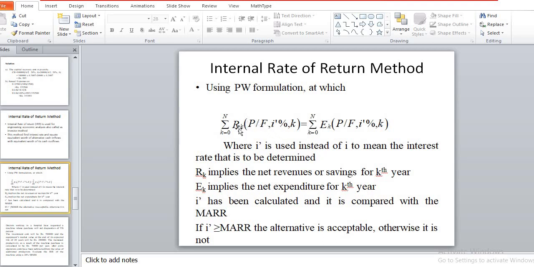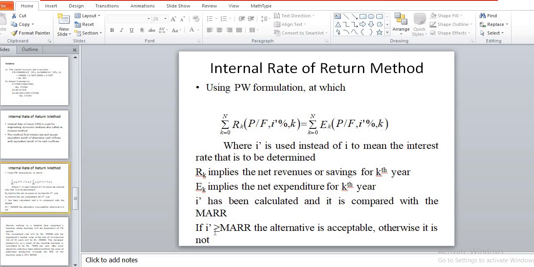For this condition, whatever I dash comes is nothing but the internal rate of return, which we denote as IRR.